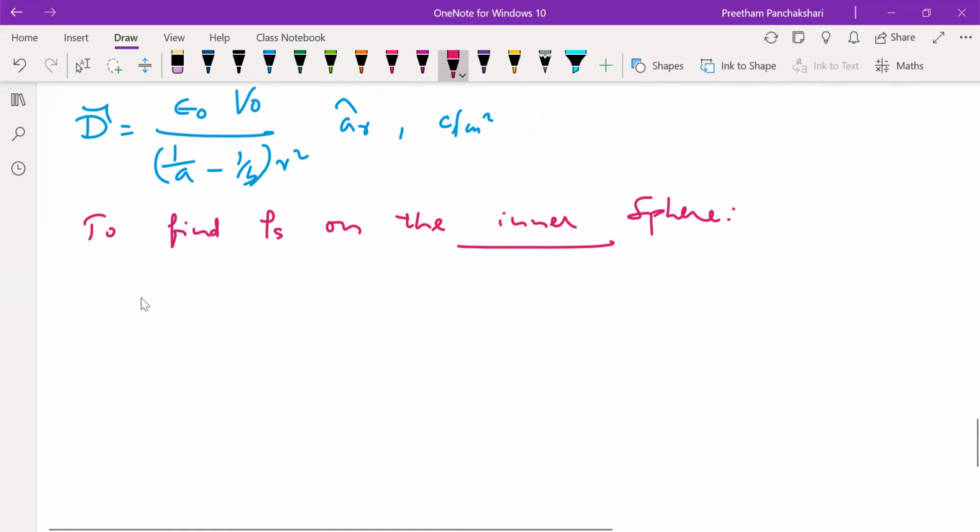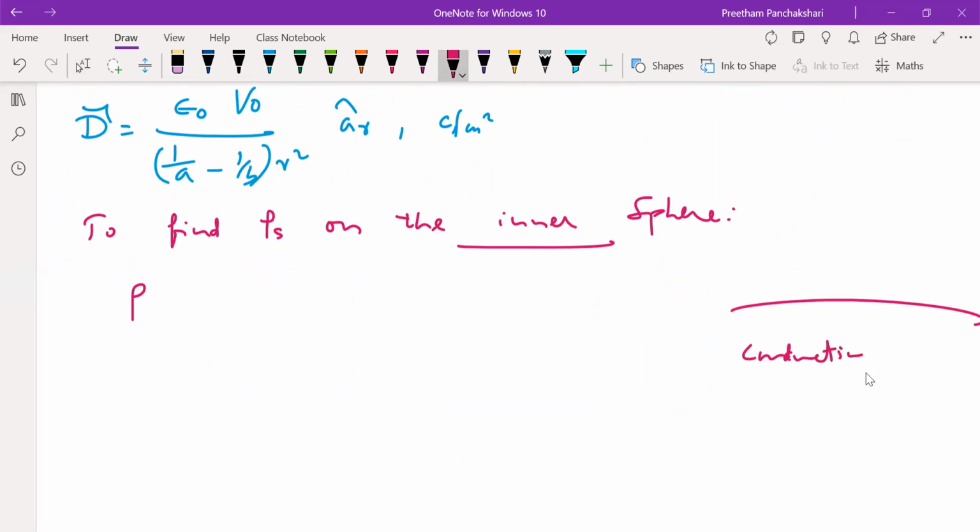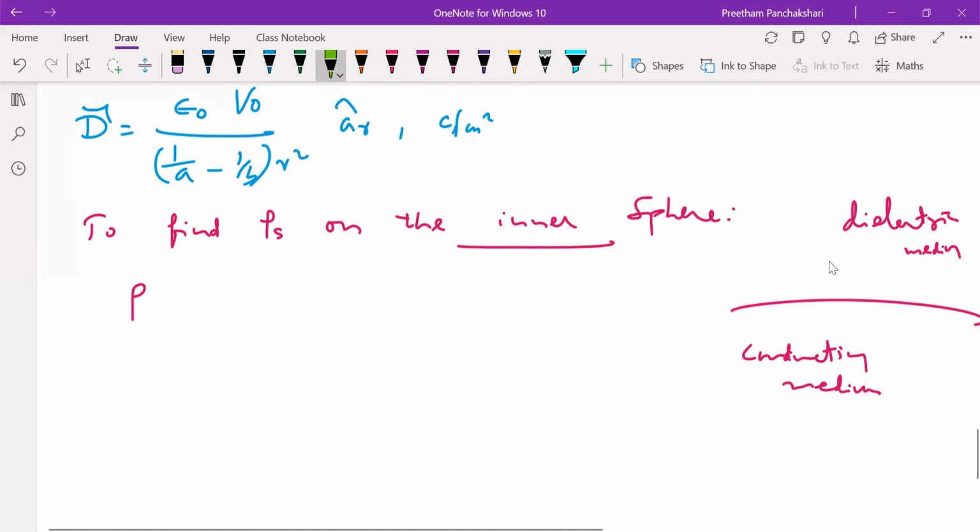And as per the boundary conditions between conducting medium and dielectric medium, that means if you have conducting and dielectric medium side by side separated by a boundary, we have the relations, that is D and E both are perpendicular to the conducting surface.